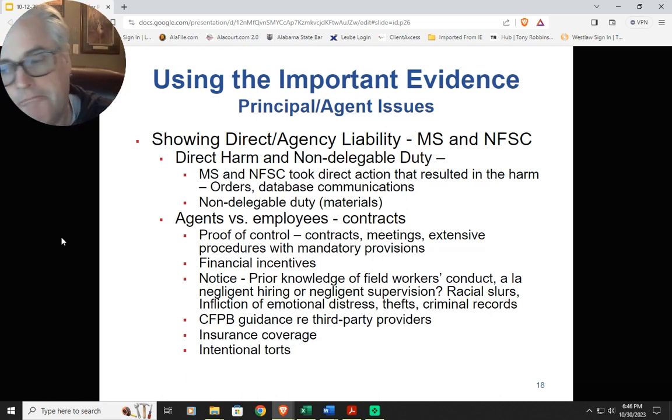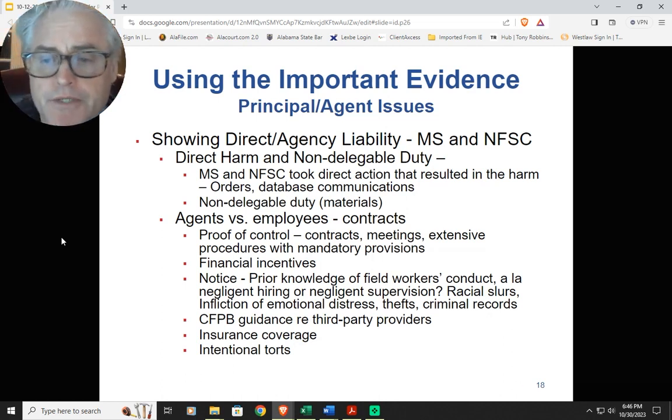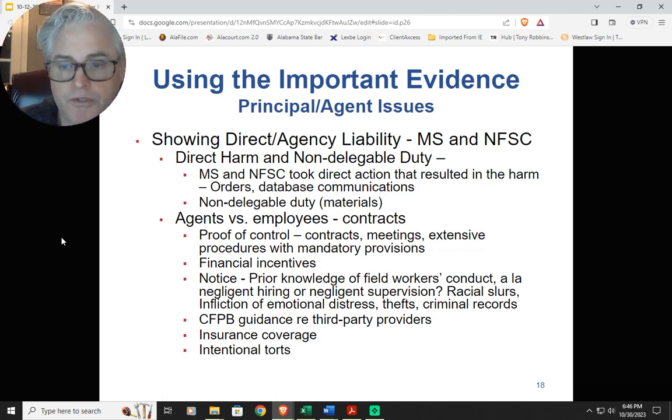If you look at the GSE guidelines, Fannie, Freddie, HUD, FHA, most of them that I've run across identify property preservation as a non-delegable duty. And that is to the mortgage servicer, not to anyone down the line.